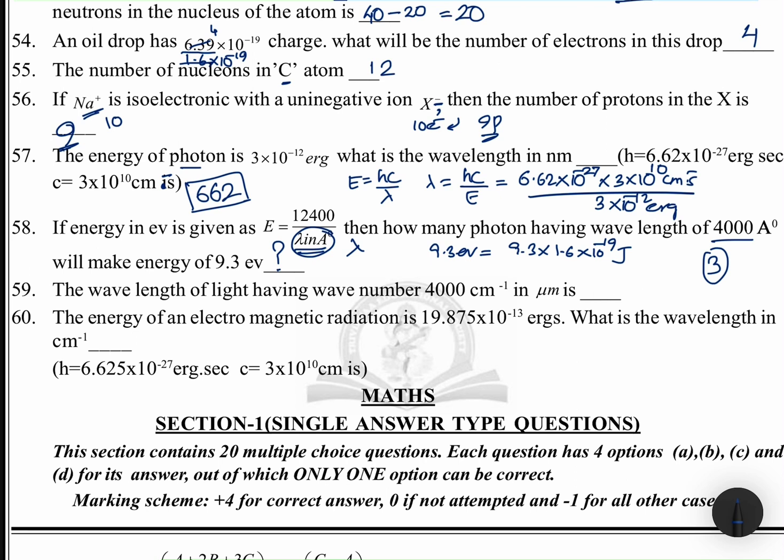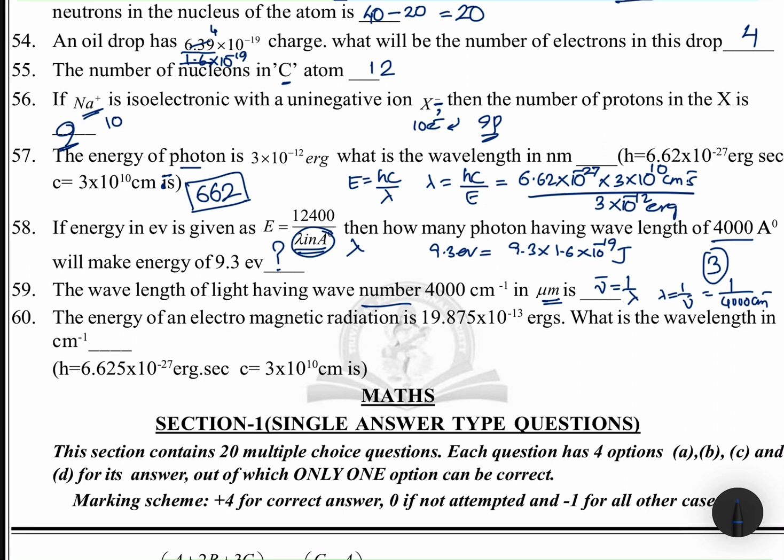The wavelength of light having wave number 4000 centimeter inverse, in micrometers, he is asking. First you convert into centimeters, then you convert into micrometers. It is not a big issue. Wave number nu bar is equal to 1 by lambda, so lambda is equal to 1 by nu bar, 1 by 4000 centimeter inverse.